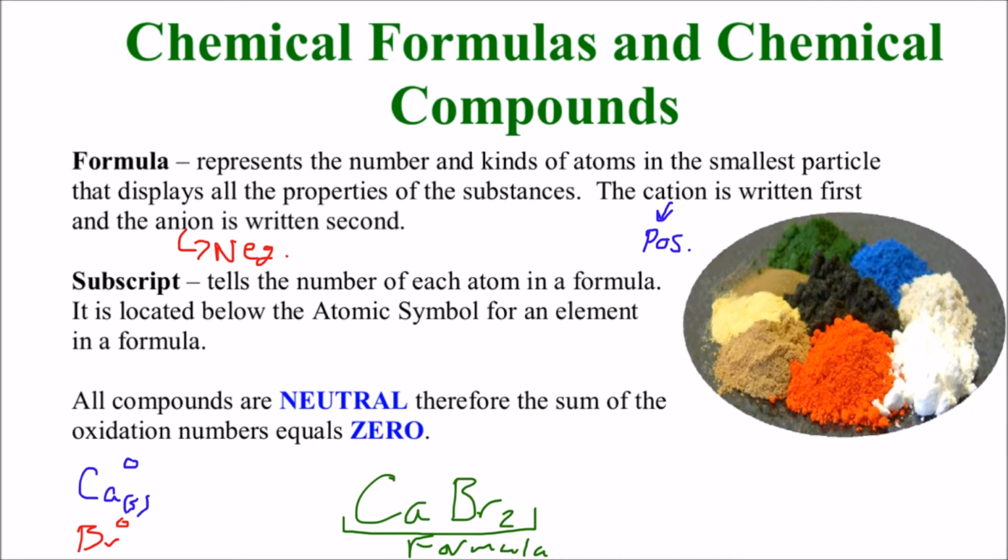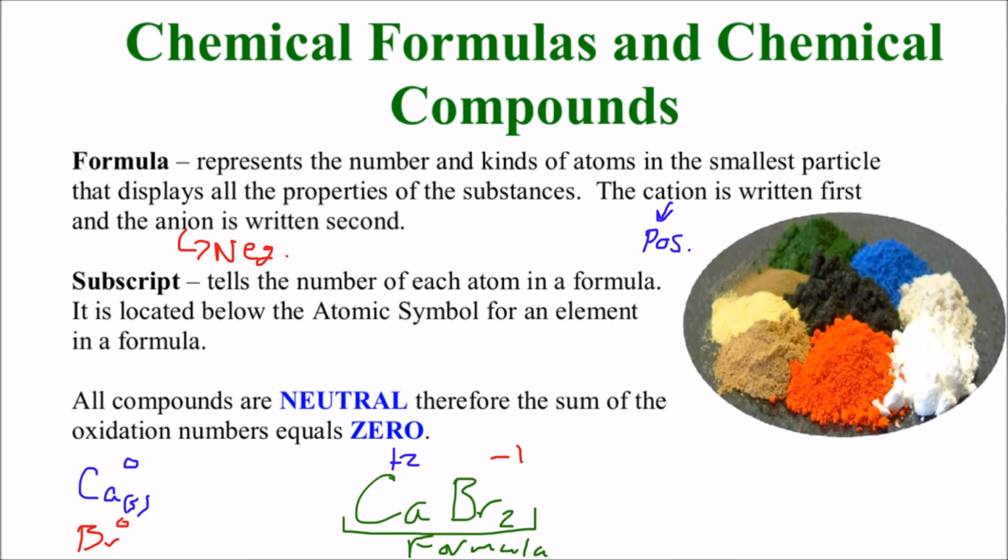But when we put them together to form a salt, because remember, metals and nonmetals form salts, they ionize. So this is an ion here and that's an ion there. Calcium has a +2 charge, okay, and bromine has a -1 charge.